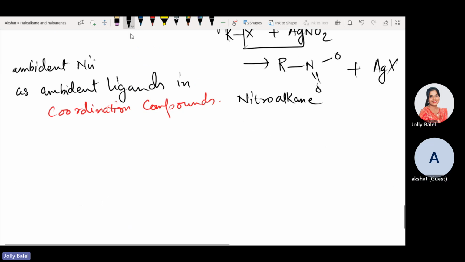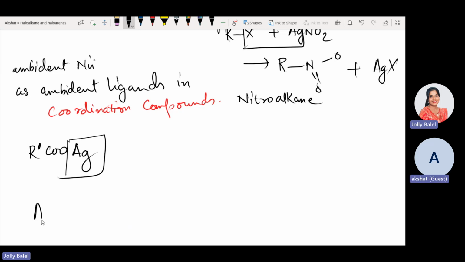Other than this, if I am providing you R dash COOAg, what will be the nucleophile if this is your reagent? Whenever you see any metal in your reagent, remove that one. Ag is a metal. Ag will get a positive charge, like when you are taking NaOH, Na plus is positive. Removing the metal, whatever is left becomes your nucleophile. R dash COO minus becomes your nucleophile.